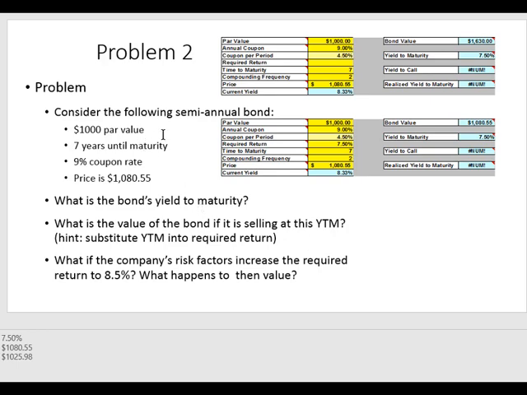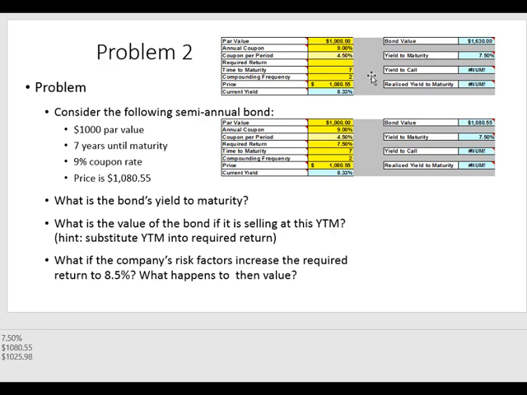So here we have a $1,000 par value, 7 years to maturity, 9% coupon rate, and the price is $1,080.55. Looking at the very first question, what is this bond's yield to maturity? Let's look at the data first. You know it's a 9% coupon, but since the compounding frequency is 2, the coupon per period is actually 4.5%.